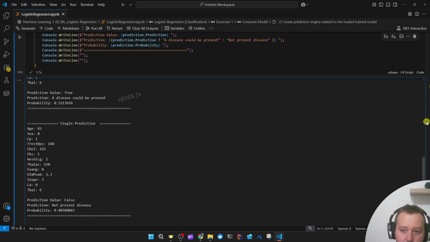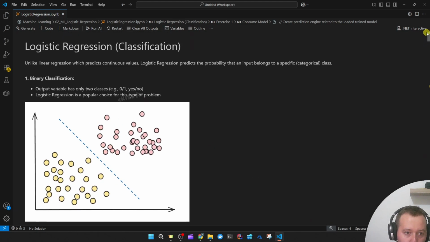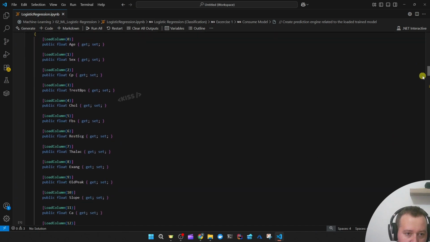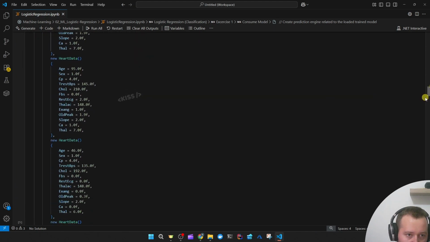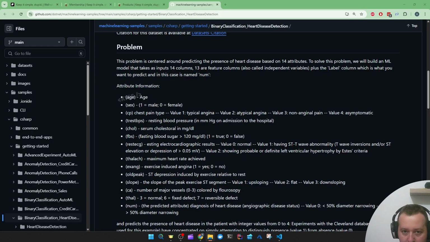Maybe I should have seen how many of each sex there were, because it seems to predict low possibility with the 0 sex. So you can check out the original link. The link is in the notebook. And we see sex 1 is male and 0 is female, and then the other features, descriptions, definitions. And the last is basically the label, heart disease or not.